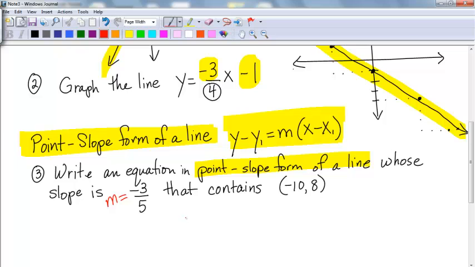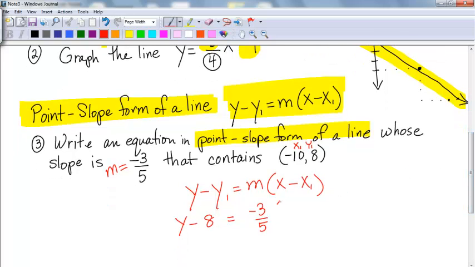Okay? So write the equation down. y minus y sub 1 equals m times x minus x sub 1. They've given us the m is negative 3/5. They've given us an ordered pair. This is your x sub 1, y sub 1. So then sub in, you'd have y minus 8 equals negative 3/5 x minus.